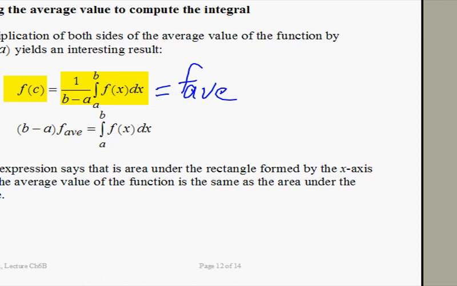Now multiply both sides by b minus a, which the result is that the definite integral from a to b is equal to the average value times b minus a. So all this says is that the area of the rectangle created by the average value and b minus a is equal to that entire integral of the function between a and b.